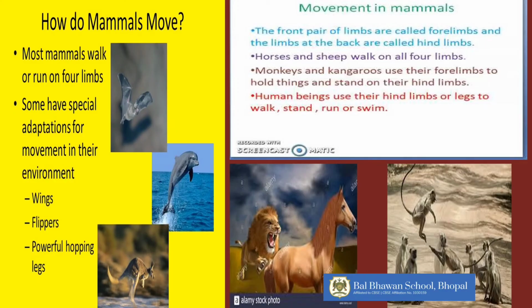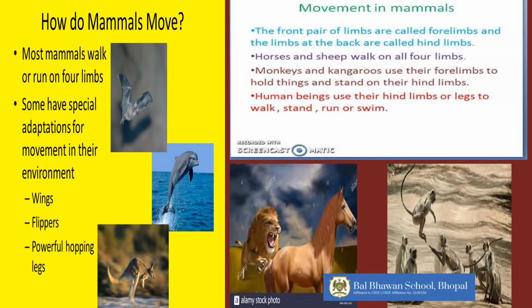Now children, let us talk about mammals. As you all know, mammals are the organisms who suckle their young ones, who give birth to babies. And most of the mammals either walk or run, and for that they have limbs. They have two pairs of limbs.